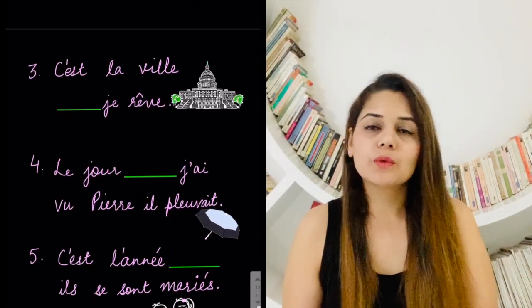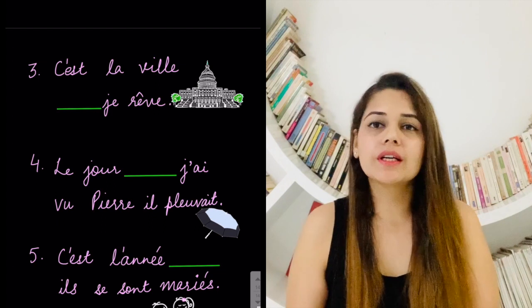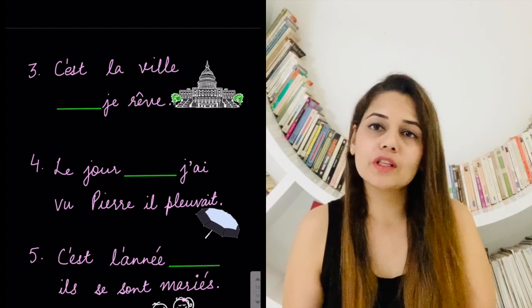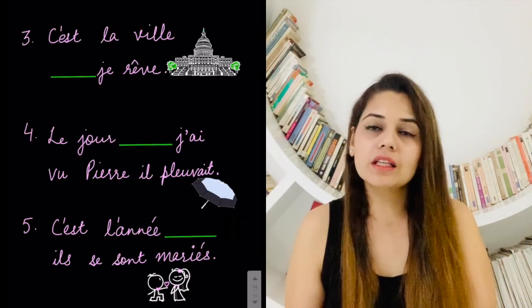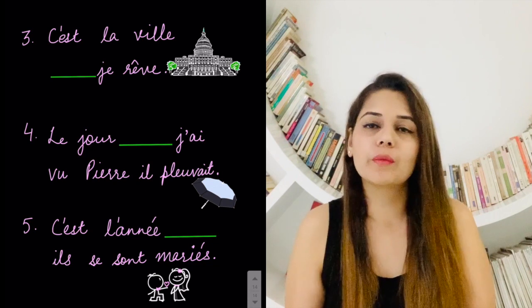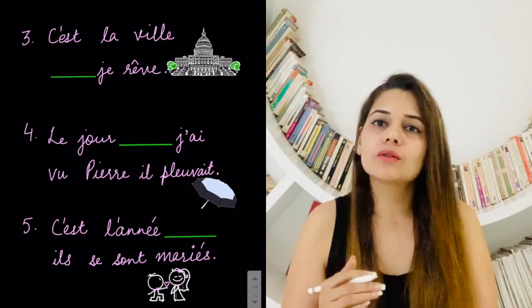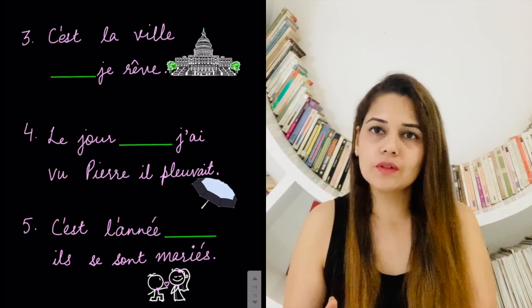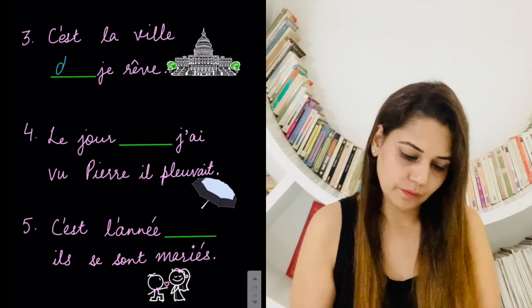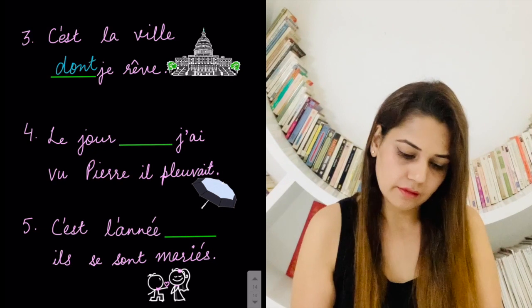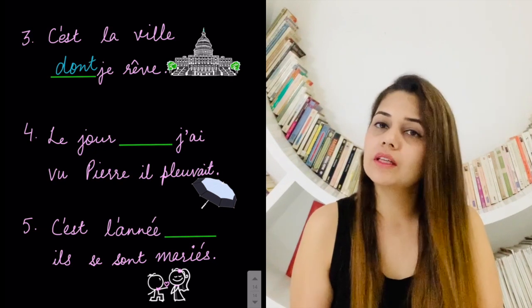C'est la ville dont je rêve. It's the city of which I dream. Now in here we'll be putting donc because we have rêver de quelque chose. So donc replaces the de plus antécédent. Next one.